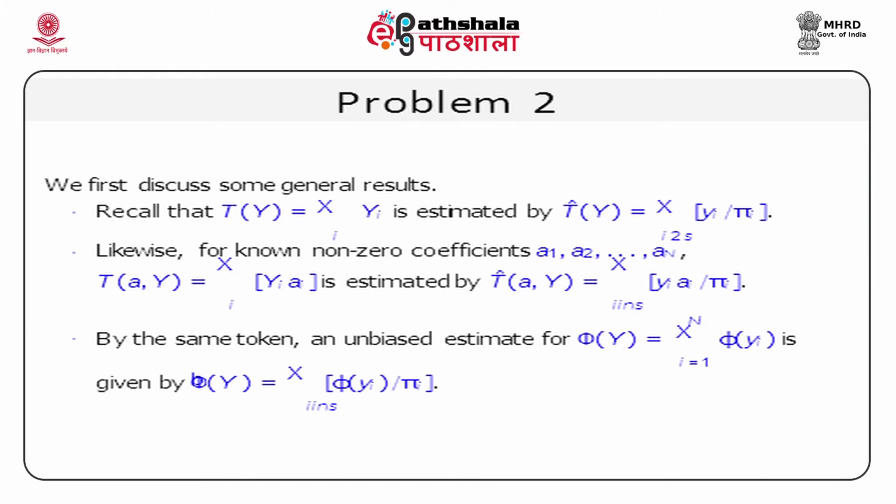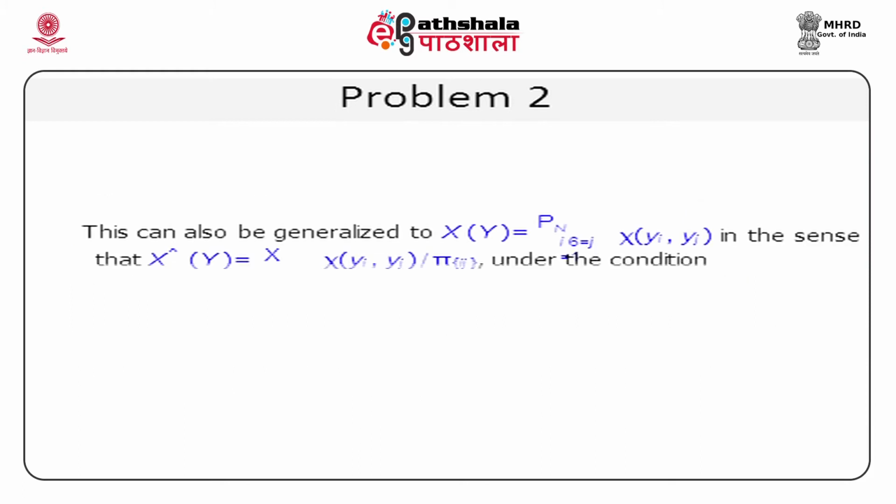The moment you have an additive function, you can immediately sort out the estimate by dividing by pi I appropriately. You do not really have to worry about the nature of the function phi of y I. It could have a very complicated expression, but so long as these are all additive, you have a very simple expression for the estimate.